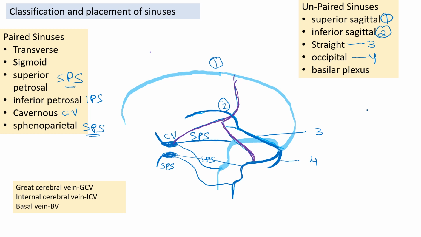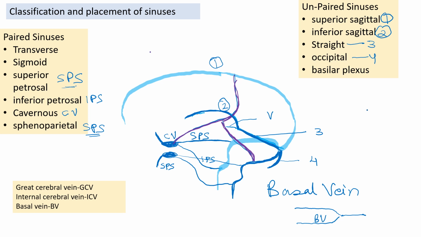The basal vein. If I have to take this, let me write it as basal vein. This is the basal vein of both sides. It is formed by the union of the internal cerebral vein and the, sorry, this is the basal vein, this is the great cerebral vein.